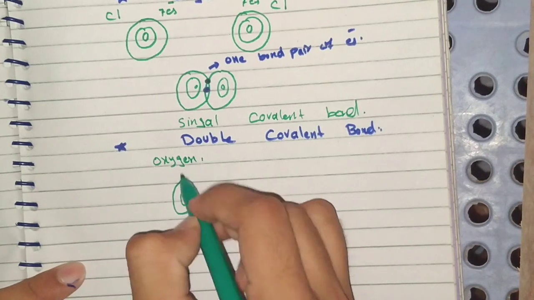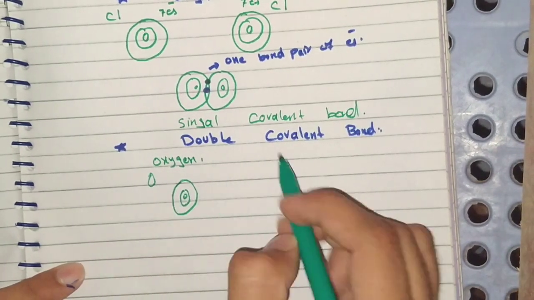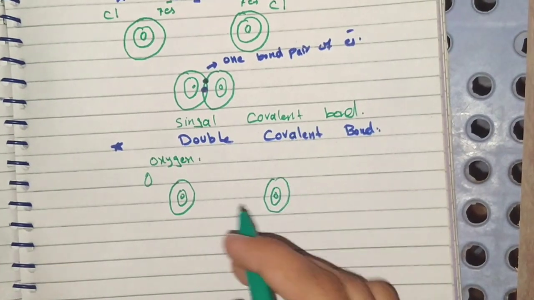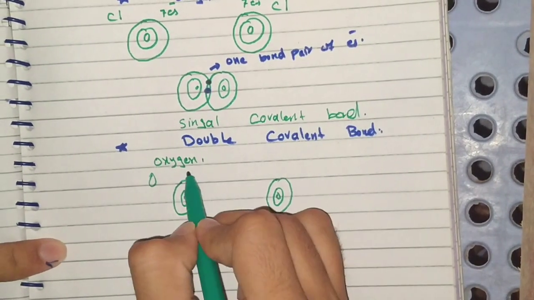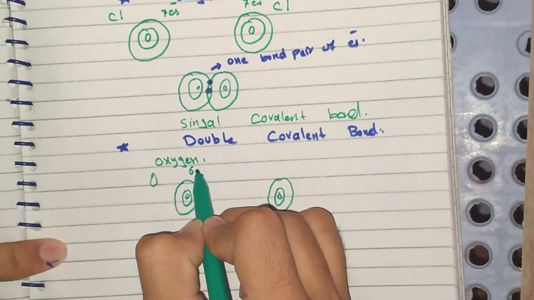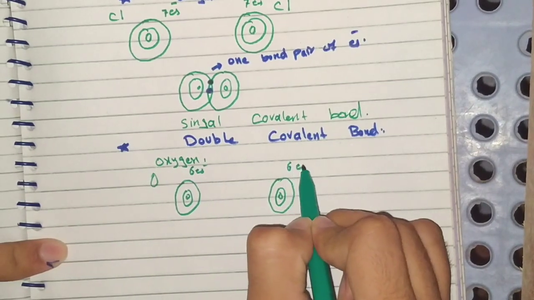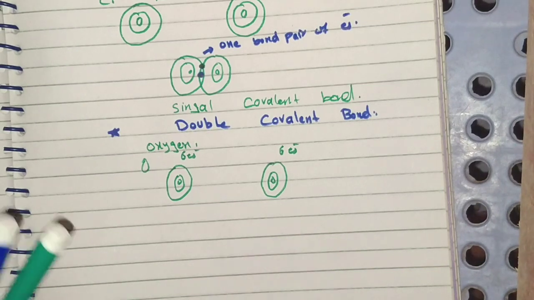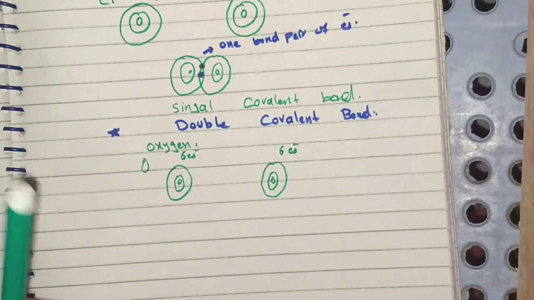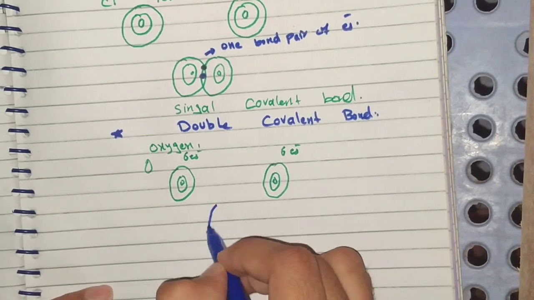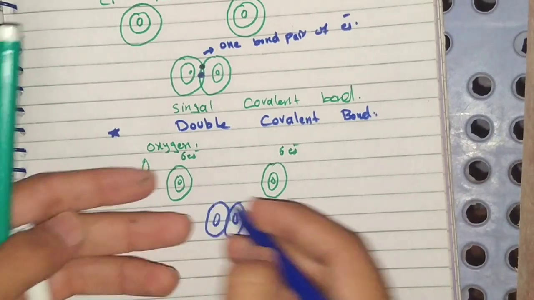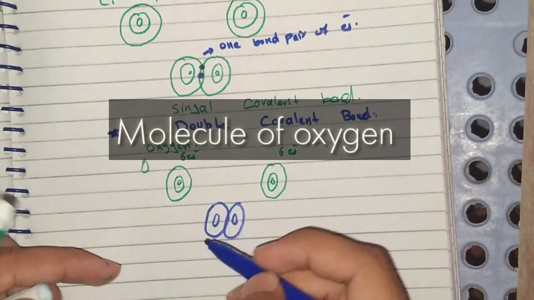And we all know that in the valence shell of oxygen, only 6 electrons are present. To complete its octet, it requires 2 electrons. So they come close to each other, just like that. Okay, I draw it roughly.